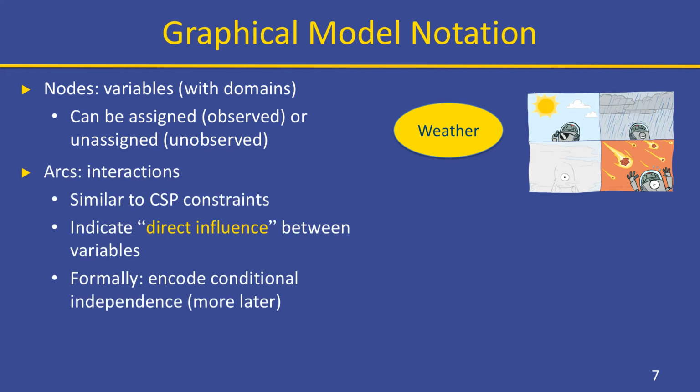A Bayes net also includes arcs. The arcs represent interaction between the random variables. These interactions are similar to CSP constraints. So an arc indicates direct influence between two variables. We'll see later that arcs also encode conditional independence between variables.